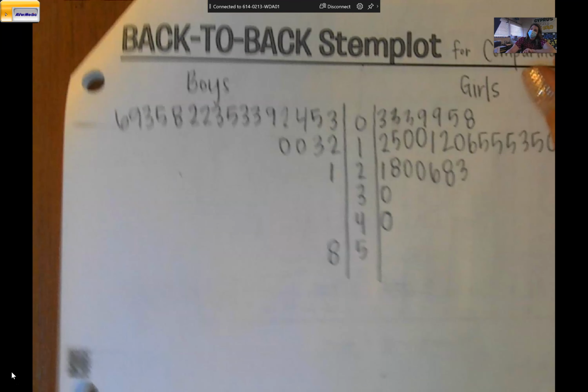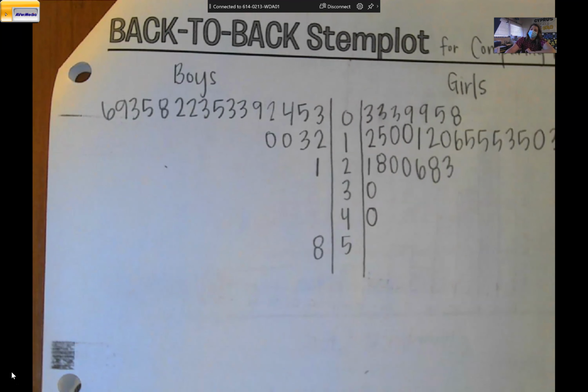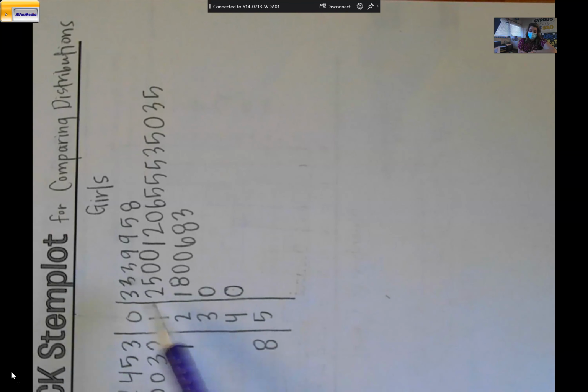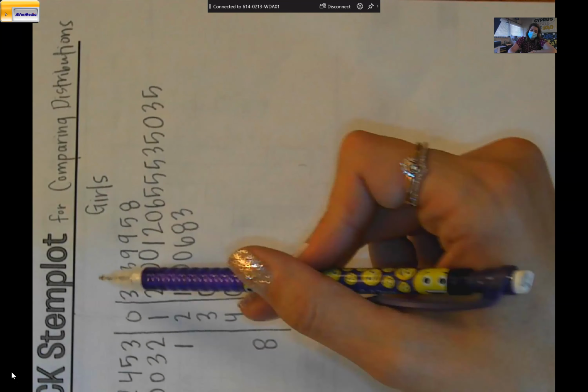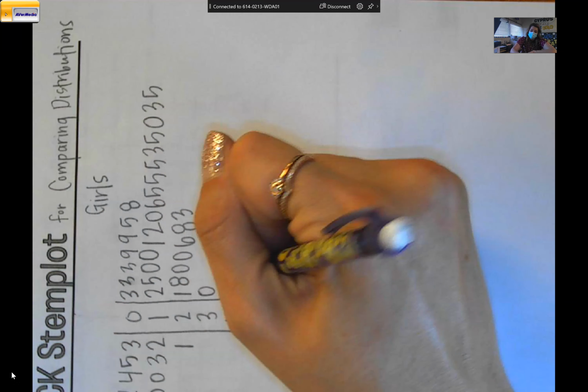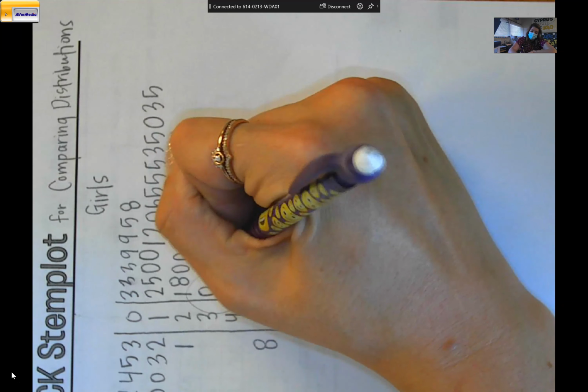Okay, so if we want to look at the girls' distribution, we turn it to the side and look at it from left to right. So like I was saying, I think that the girls is roughly symmetric. I think that these two are possible outliers.